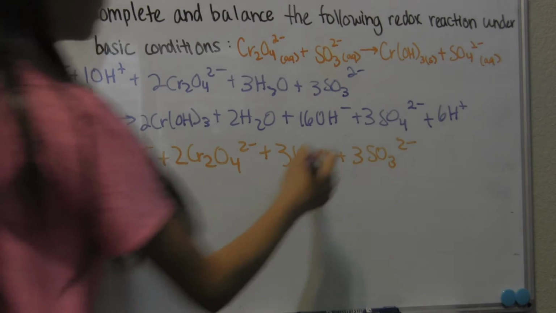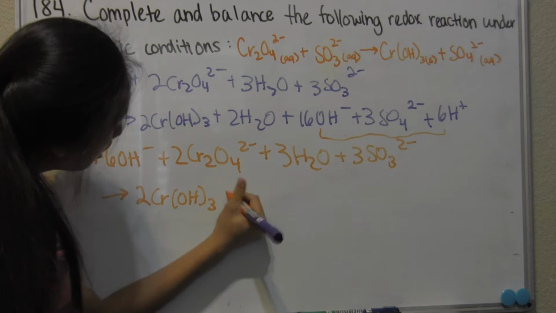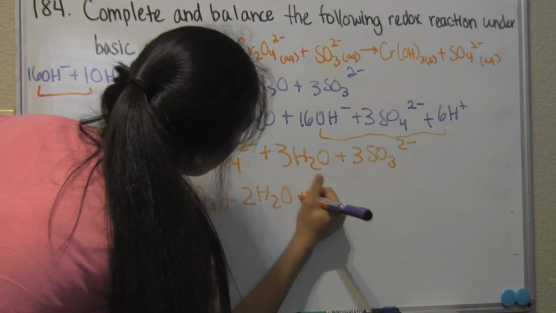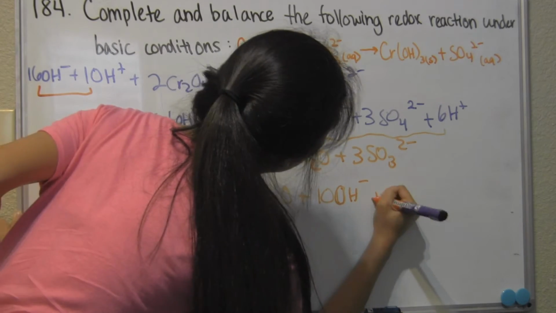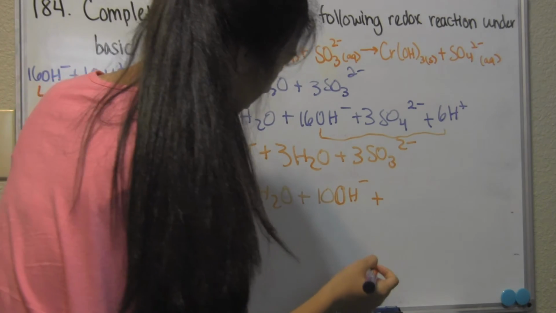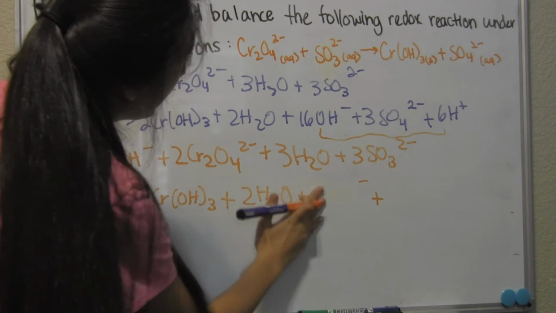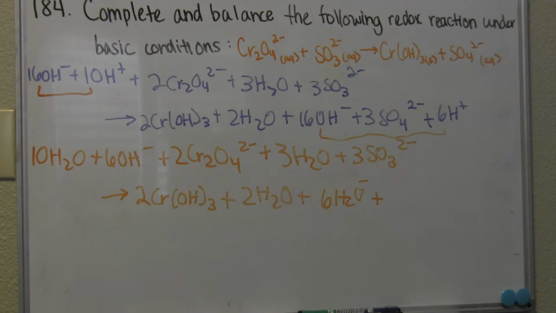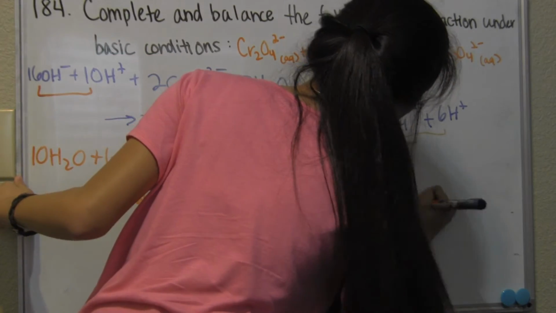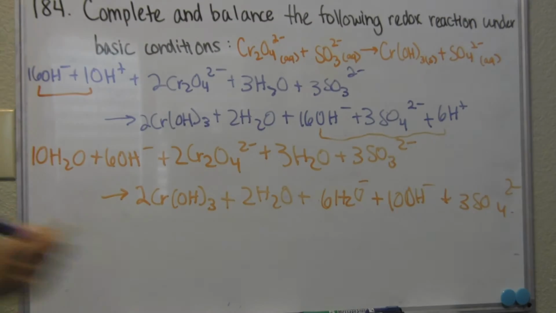So from these two right here, we'll have 2 Cr(OH)3 plus 2 H2O plus 10 OH minuses plus 10 OH minuses, and then it'll be 6 H2O, 2 H2O, and then 6 H2O plus 10 OH minus plus the 3 SO4 2 minus. Sorry for that little mistake right there.